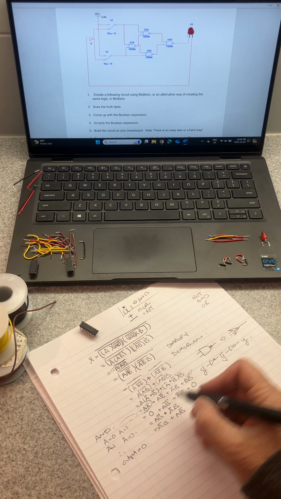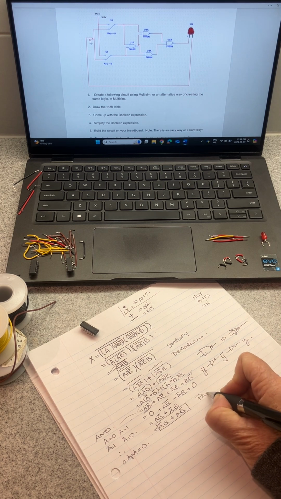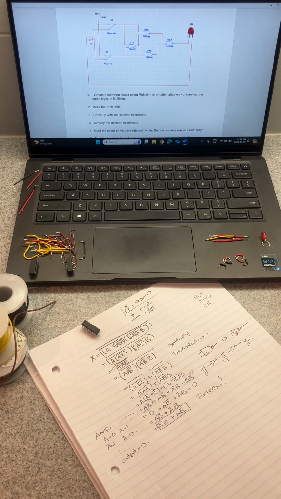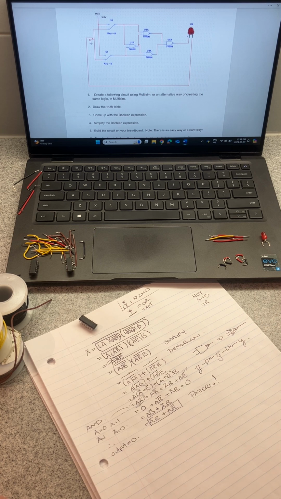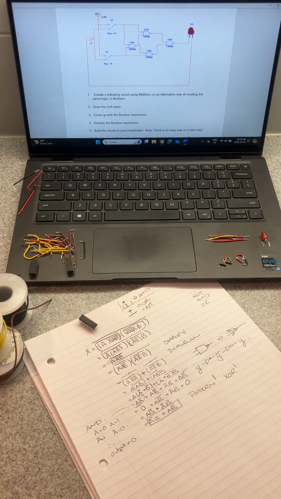So what we have here is a pattern, and this should be a recognizable pattern. Anybody studying Boolean algebra should be able to recognize this pattern. This is a pattern of basic gates. We don't have to recognize it as a pattern, but it is a very useful pattern to recognize. And it's a pattern that we call exclusive OR.